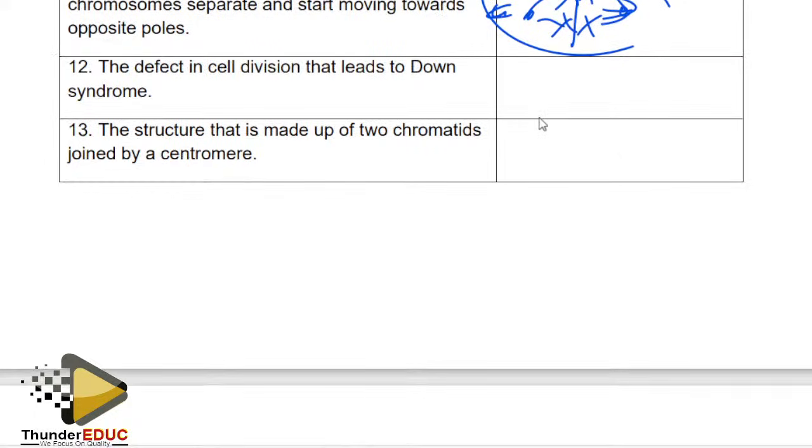We call it non-disjunction. The structure that is made up of two chromatids joined together by the centromere. These are two chromatids joined by the centromere. How do you call this? It is a chromosome.